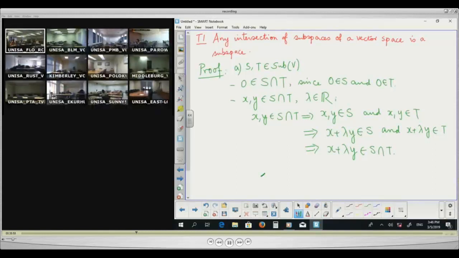You mean separately x plus y is in S and lambda times y is in S. Yeah, that's why I said I condensed the 2 into 1. And in the self-assessment questions, there is a problem on equivalent formulations for a subspace, in which this one will appear. Okay?